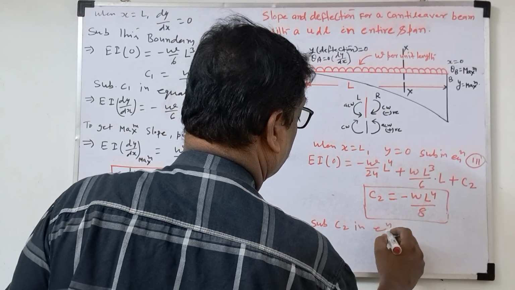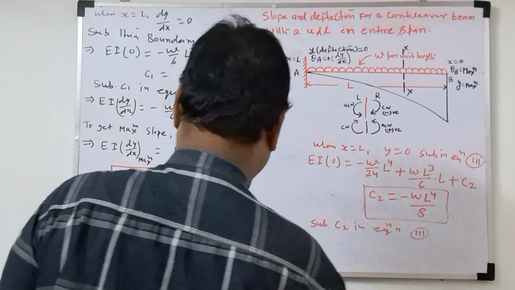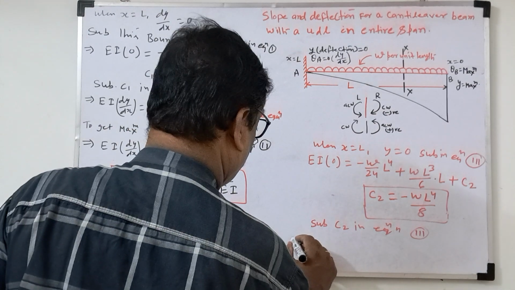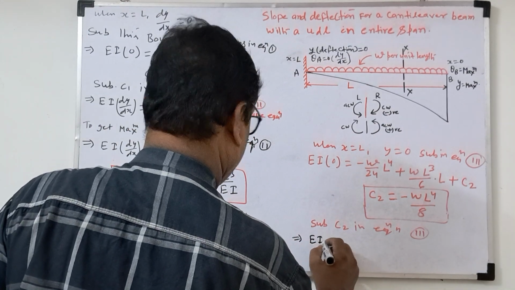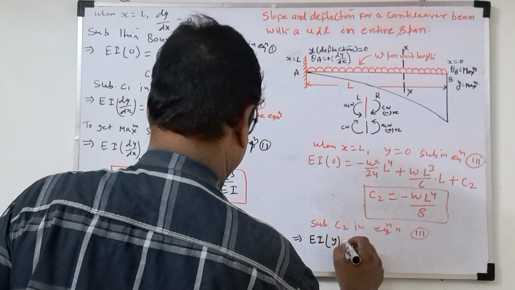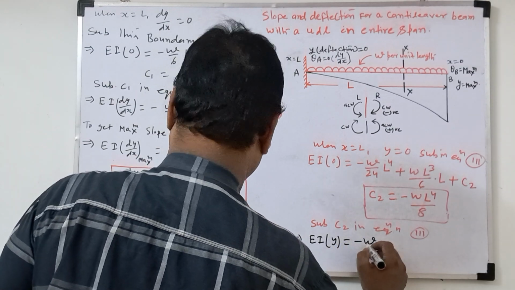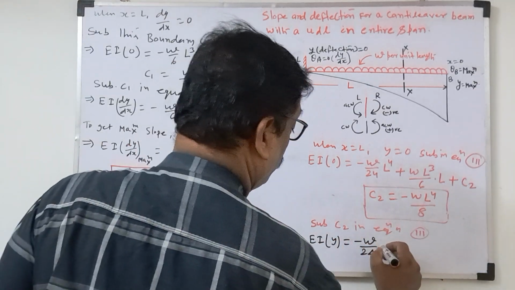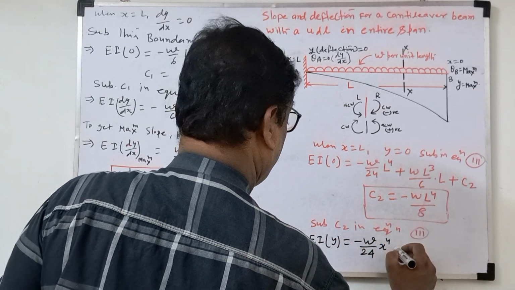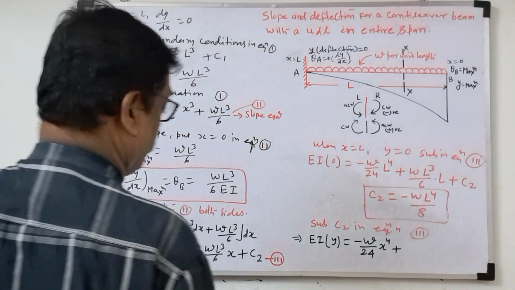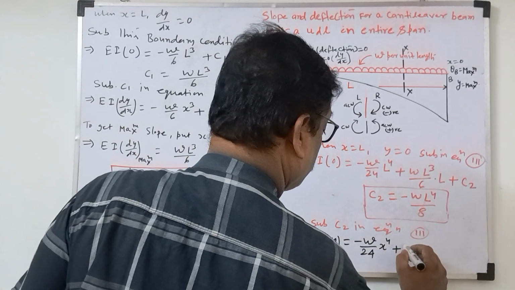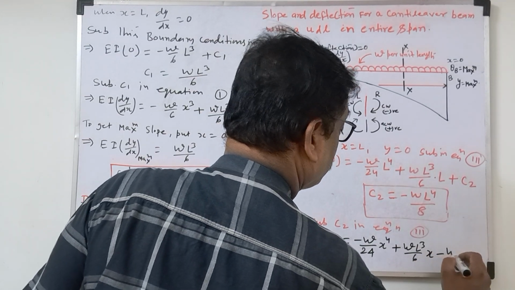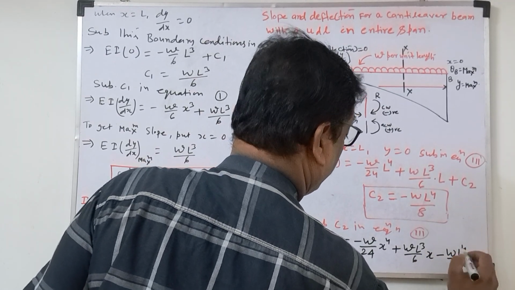Now substitute C2 in equation 3. So what is equation 3 here? This one. So we will write here EI y equal to minus w by 24 x power 4 plus W L cube by 6 x minus W L power 4 by 8.